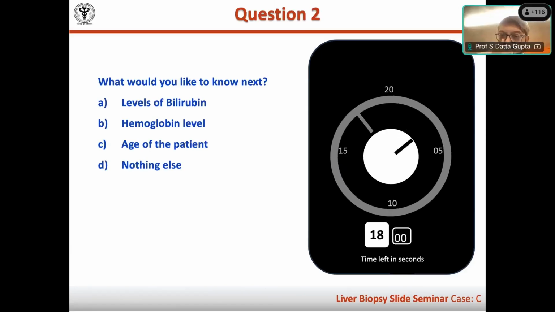So we'll give some time, 20 seconds to the rest. A lot of people have written extramedullary, neonatal.